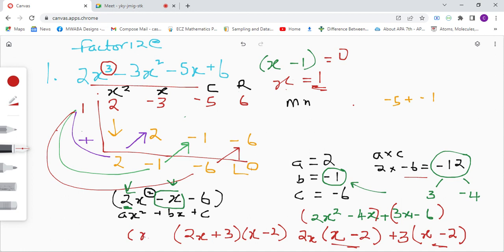So we have factorized this polynomial. 2x cubed minus 3x squared minus 5x plus 6 breaks down into x minus 1, 2x plus 3, x minus 2. So that is our answer.